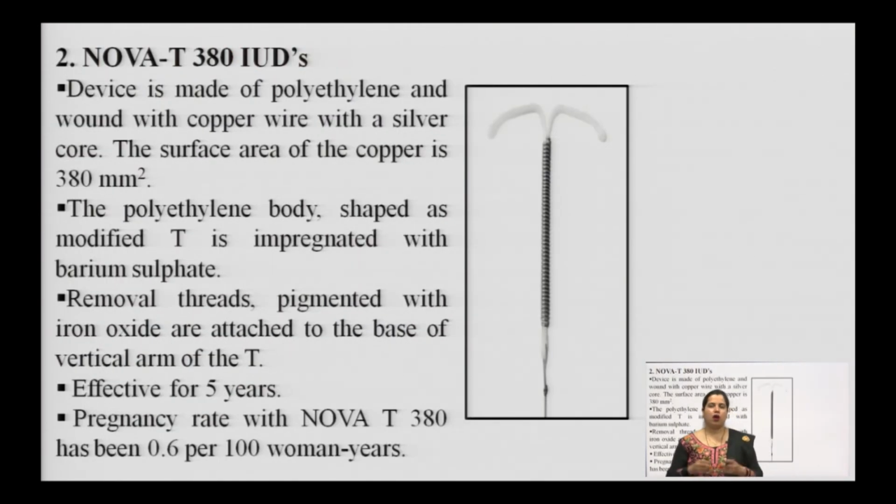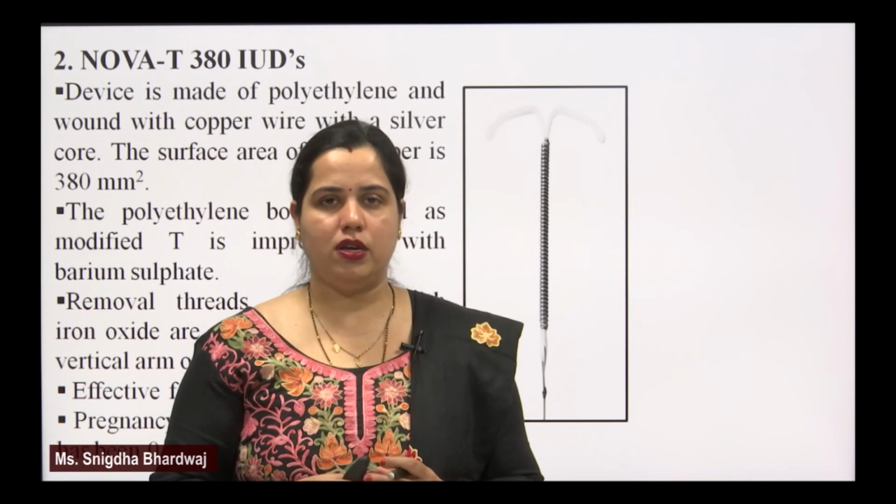So, I hope I am able to make you understand about copper-bearing IUDs as a medicated one in a controlled manner, and in the current scenario why these are considered an important dosage form for contraceptive methods. I hope you understand all these things very well, and in the coming session we are going to discuss another medicated IUD, the progesterone-releasing hormone IUDs.